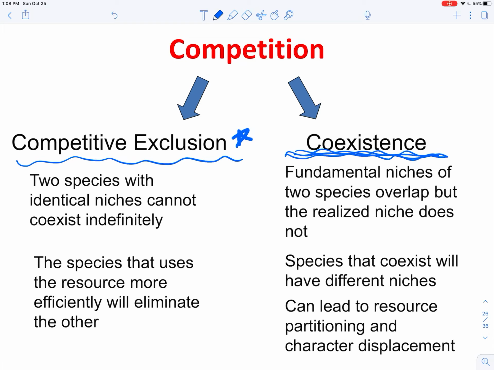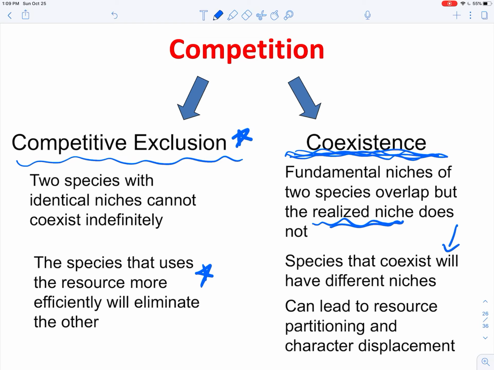And here we have a situation where two species with identical niches cannot coexist indefinitely. And the species that uses the resource more efficiently will eliminate the other. The second major outcome of a competitive interaction is coexistence. And here the fundamental niches of two species overlap, but the realized niche does not.